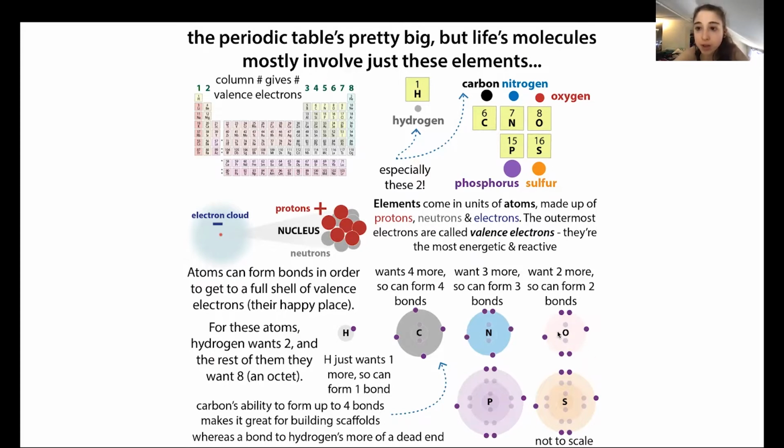What happens when oxygen gets to that octet? If it gets that octet by sharing with someone, then it's only responsible for 1 electron in the bond. So if it formed this bond, that's not going to affect the balance of protons and electrons.